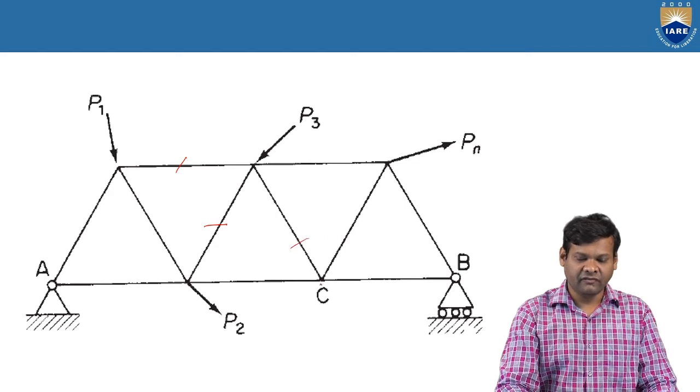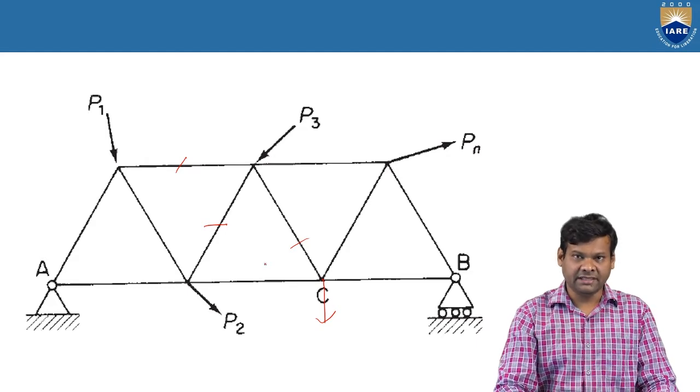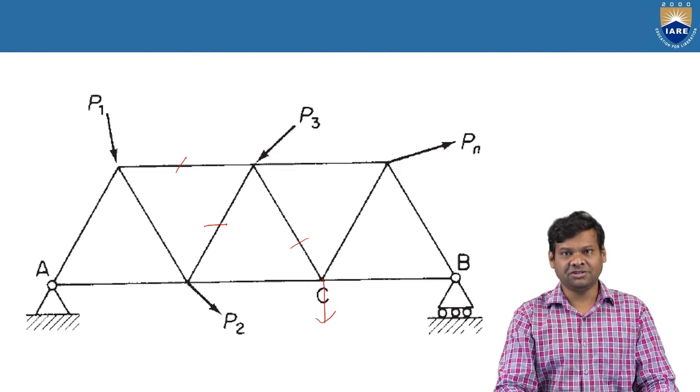When we apply a load at this point, the load is distributed in all the elements. I don't say it is a uniform distribution, but there will be a distribution.